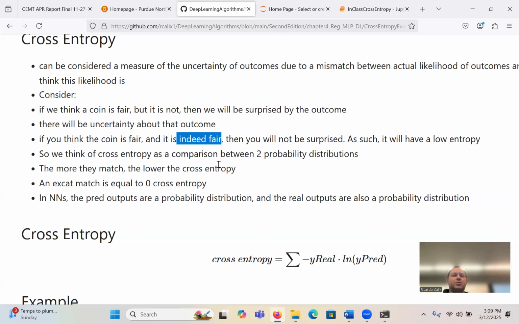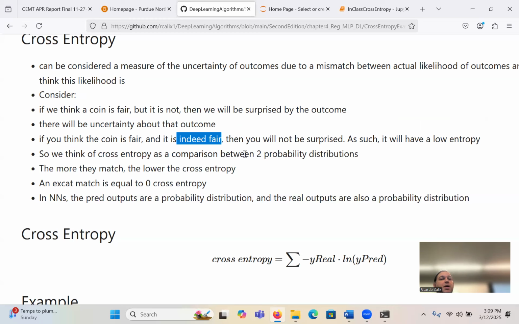So we think of cross entropy as a comparison between two probability distributions, okay? And that's really important in why we use softmax in the models, right? If you remember, the last activation function that I always gave to you guys is the softmax, which makes all the probabilities add up to 1, making them a probability distribution.